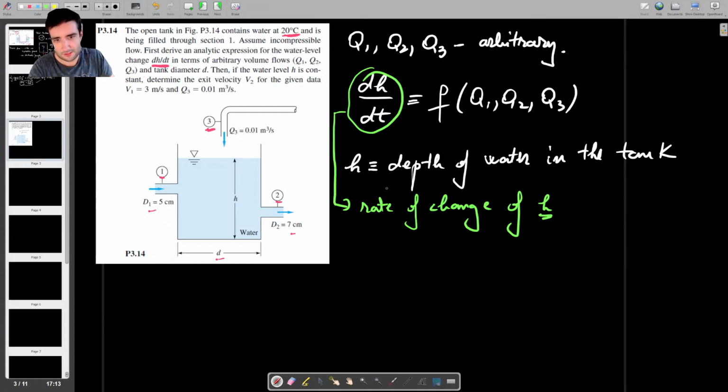So because H is a distance, dH by dt refers to the speed at which the water level is increasing, pretty much.